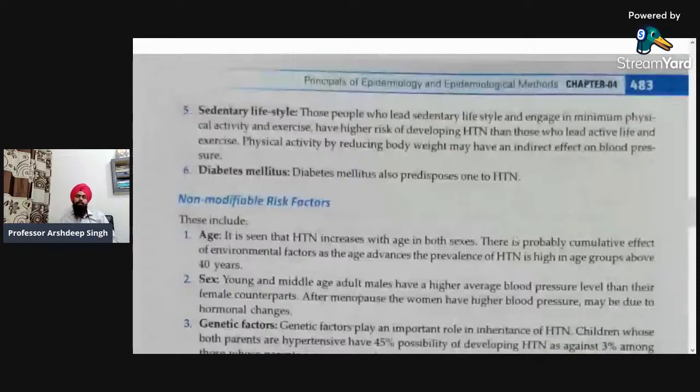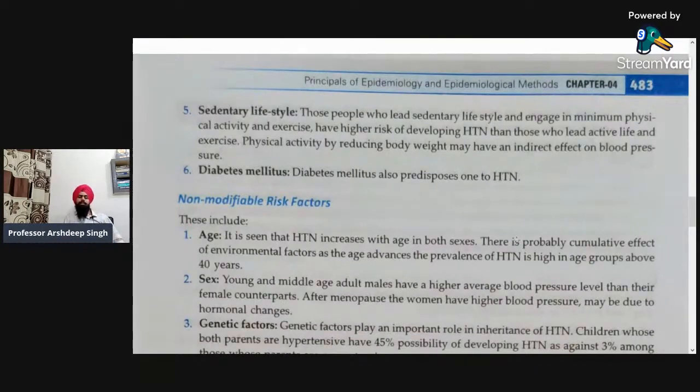I don't say that you shouldn't live a comfortable life or use comfortable devices, but it is also important that you do some work or perform different activities, like exercise for 15 to 20 minutes or 20 to 30 minutes daily. Maintain your diet, and avoid smoking and alcoholism. So these are the factors that we can modify, and we can change our lifestyle, and that would lead to prevention of the hypertension that will affect our body.